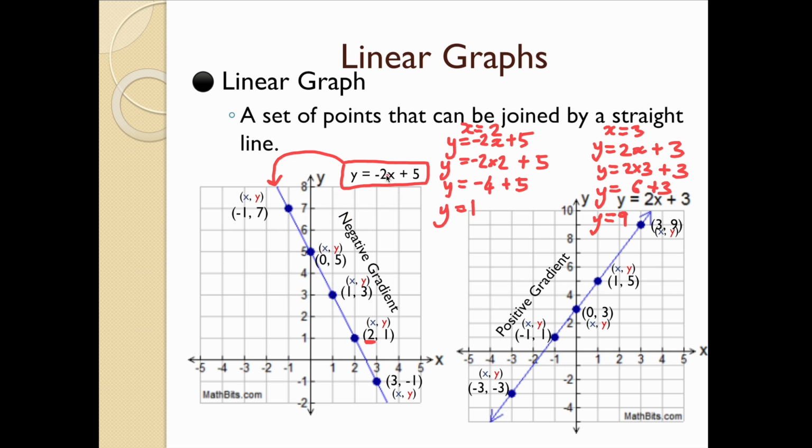So if we put 0 in here, negative 2 times 0 is 0, because anything multiplied by 0 is 0. So then 0 plus 5 is 5. So when x is 0, we expect y to be 5. And it works for all of these. So this is how the linear graph works with the formula and its reflection on the graph. Does that make sense? Yeah.